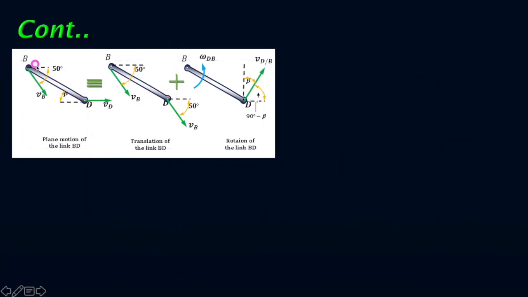Now for this connecting rod, at this end B, the absolute velocity of B is VB, and the absolute velocity of D is VD in this direction. The direction is the same as shown in the previous diagrams, VB and VD.